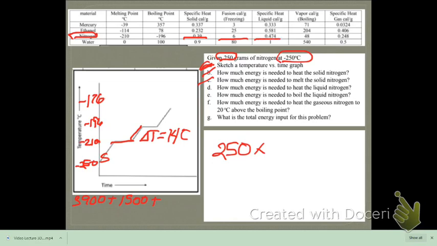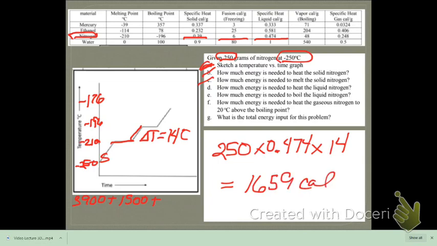So I find my specific heat to be 0.474 times my temperature change, which is 14 degrees Celsius. So clear your calculator. 250 times 0.474 times 14 is going to give me 1,659 calories. So now I'm going to add 1,659 to my list. And that takes care of how much was needed to heat the solid.